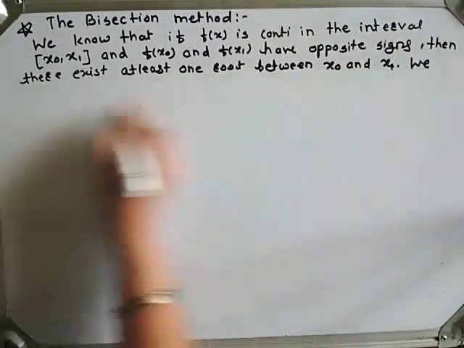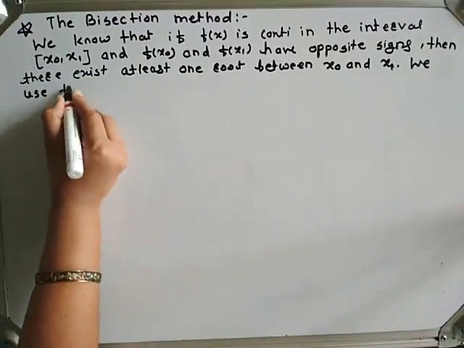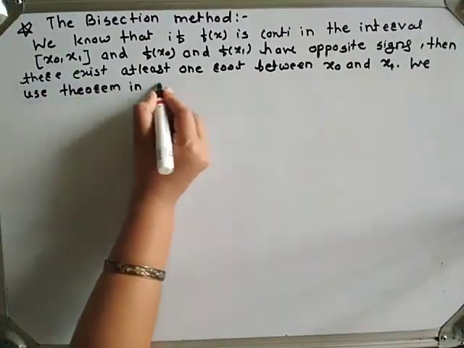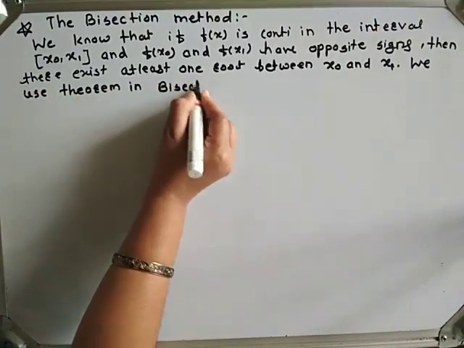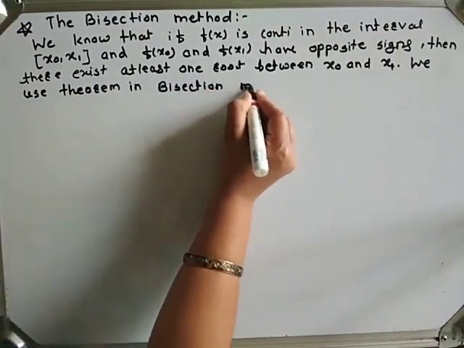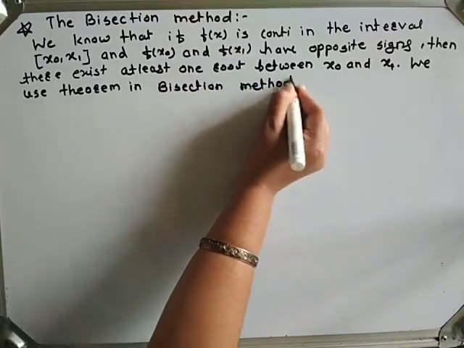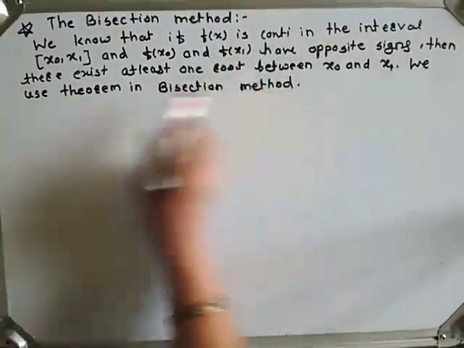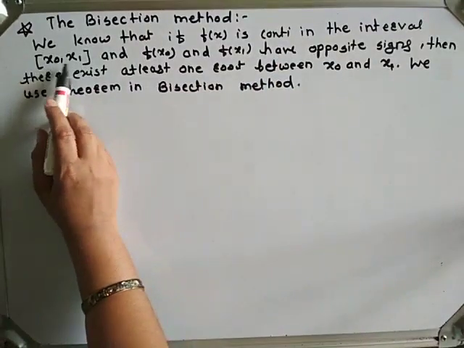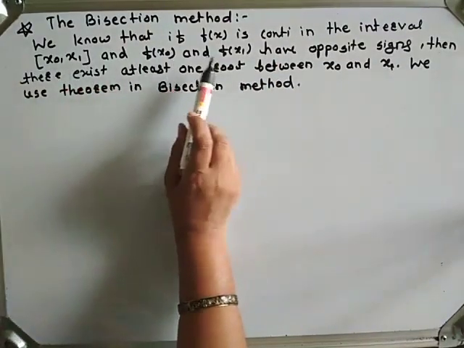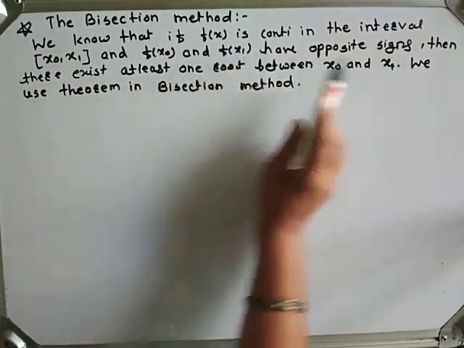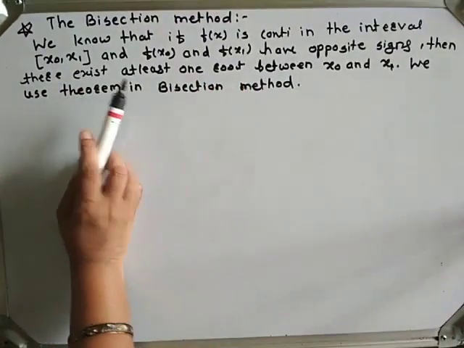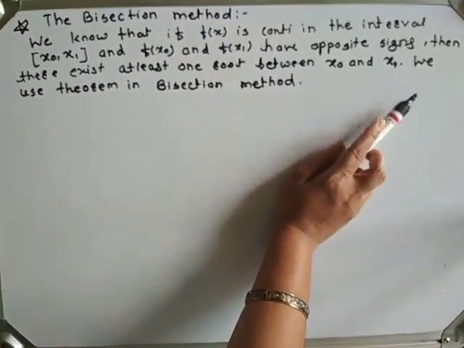We use this theorem in the bisection method. What is the theorem? If f of x is continuous in the closed interval x0, x1 and f of x0 and f of x1 have opposite signs, then there exists at least one root between x0 and x1.